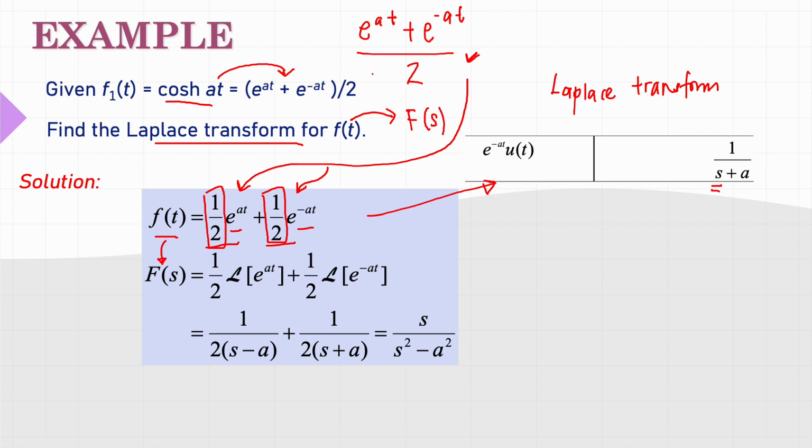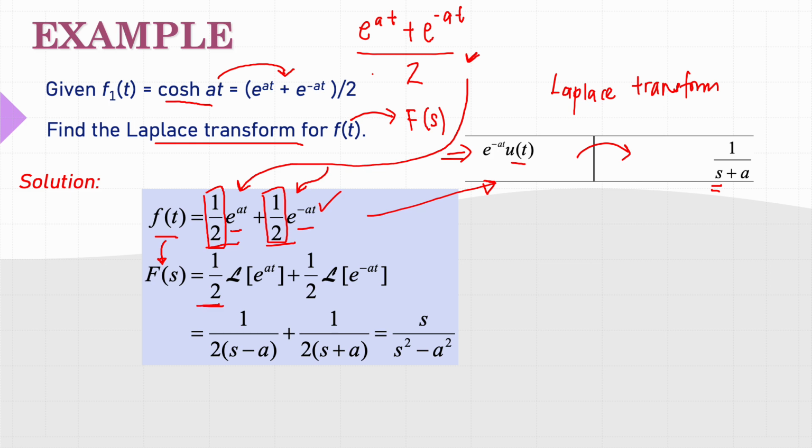If we look at the table, the equation similar to the one we want to calculate is this row. So exponential negative at u(t) can be converted into the S domain, and it will become 1 over s plus a. Therefore we can convert this.